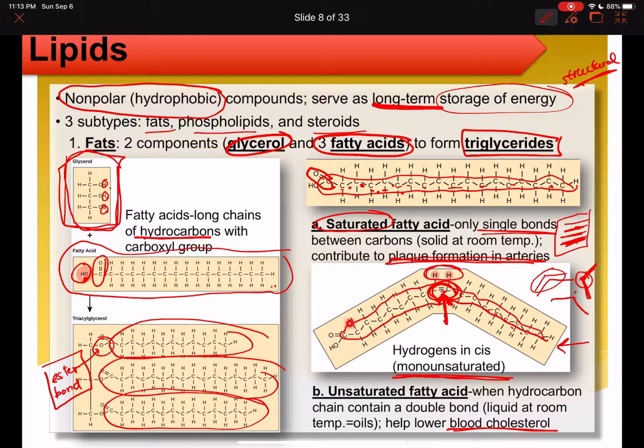Okay, so saturated fat, it's okay, but when you eat too much, they can start to form plaques like this by stacking on top of each other. When you have a kink in unsaturated fat, that can help lower blood cholesterol, because they are less likely to stack on top of each other.